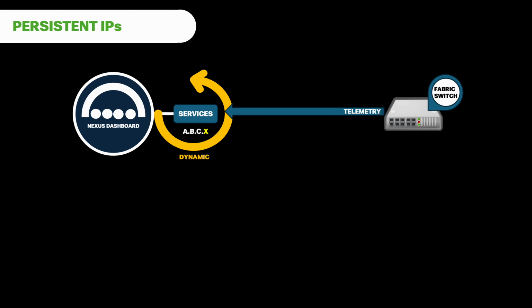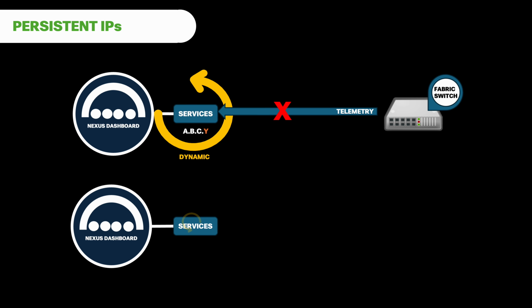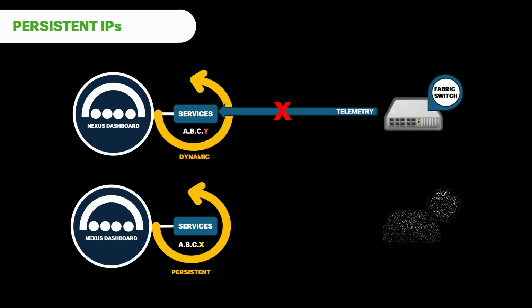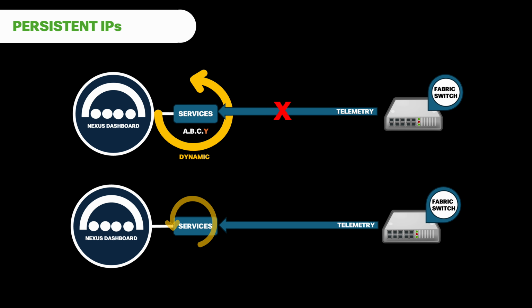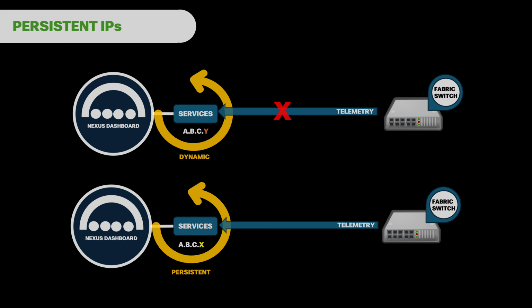If we didn't use a persistent IP address, the pods would restart and acquire a new IP address, forcing us to constantly reconfigure each switch to send its telemetry to that new IP address. By using a persistent IP address, it doesn't matter if the nodes or the cluster restarts. There's no need to reconfigure each switch's telemetry forwarding to the services.